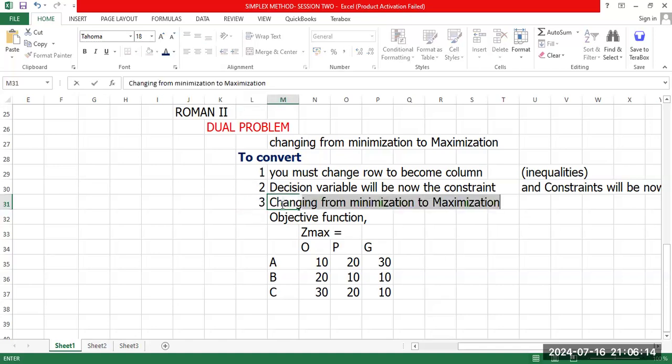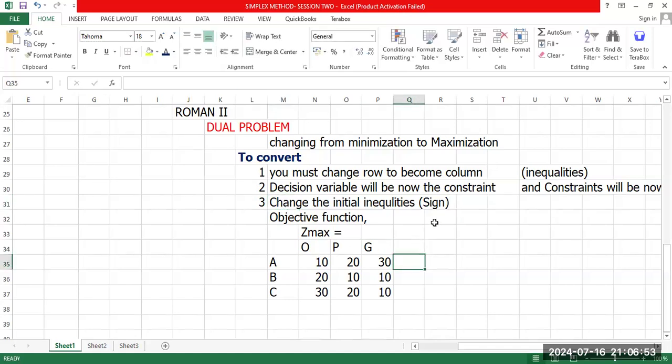Change the initial inequality. If the original inequality was greater or equal to, now you are going to change that inequality to less or equal to. Like here. And how are you going to do that?